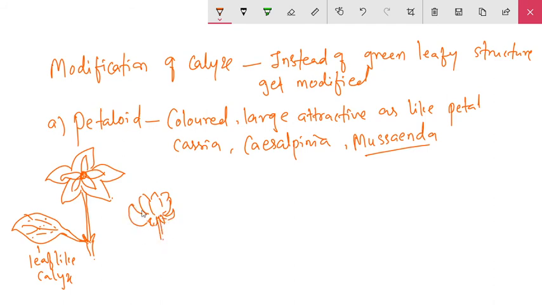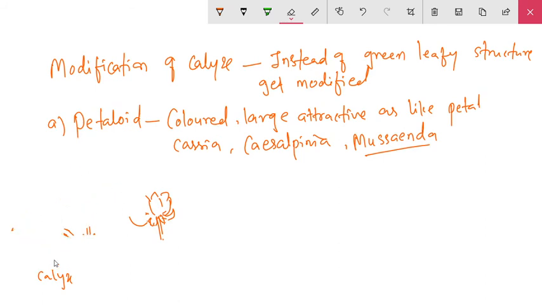Okay, so it is in the cassia, musalla. So these are the examples of this petaloid calyx. Okay, लक्षात आलं? पेटल हा जो आहे तर त्या ठिकाणी लीफ लाईक लार्ज आणि कलर्ड झालाय, किंवा इथे एक कॅलिक्स जो आहे तो आकाराने त्या ठिकाणी मोठा त्या ठिकाणी झालाय. ठीक आहे, so it become petal like, so petaloid.